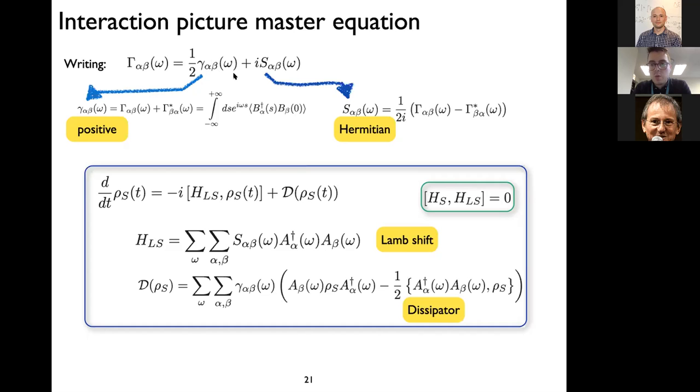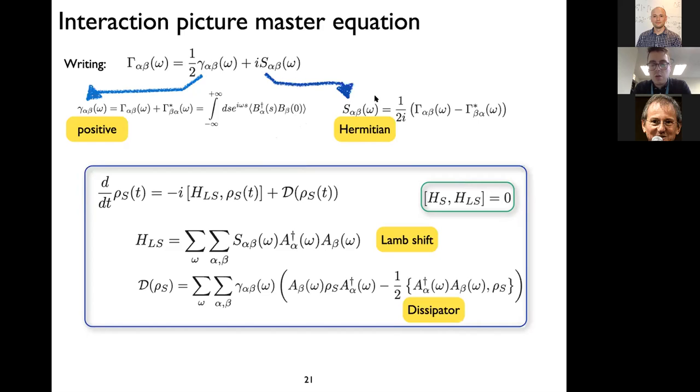And one can show that these gamma coefficients form the elements of a positive semi-definite matrix, and that these S coefficients form the elements of a Hermitian matrix.